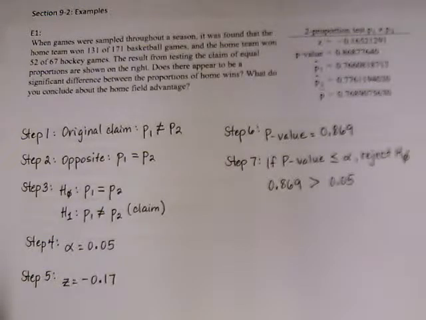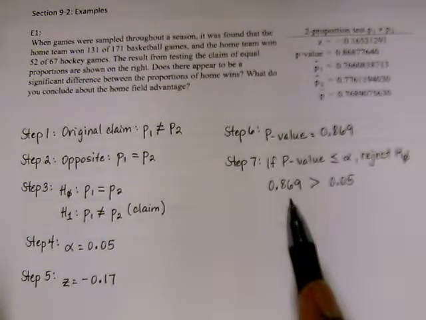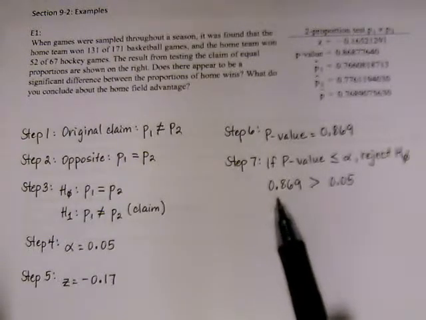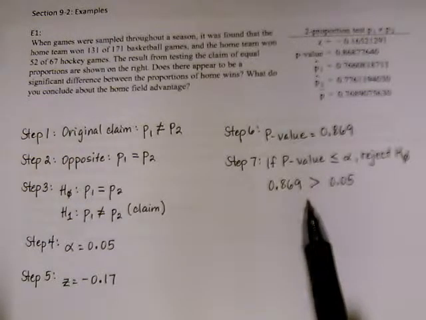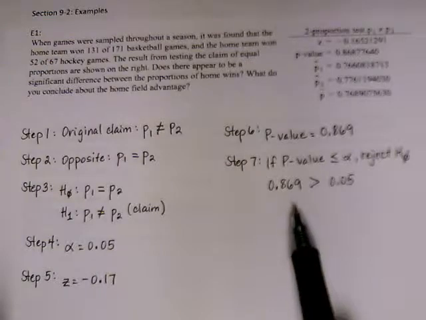And by looking at this, even though our alpha level or level of significance was not given, if your p-value is high, then the null must fly. That's one of those common rules for p-value. If the p-value is high, the null must fly. But if the p-value is low, the null must go.